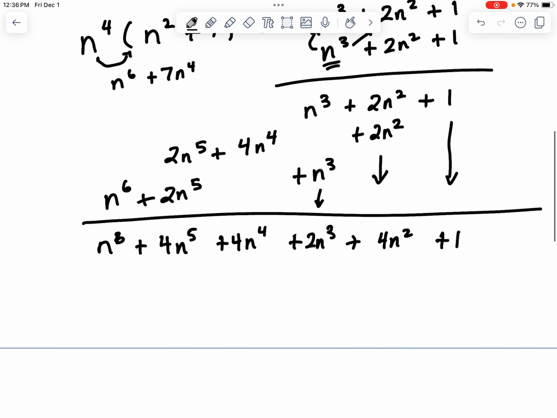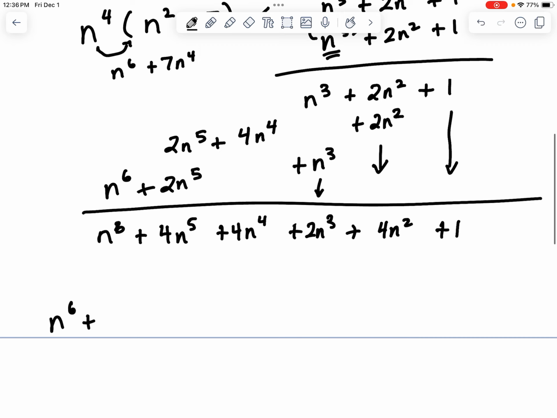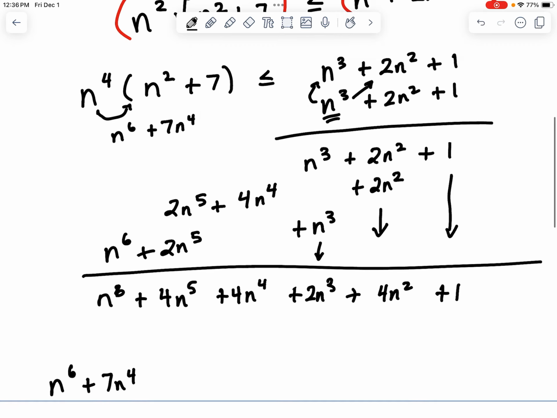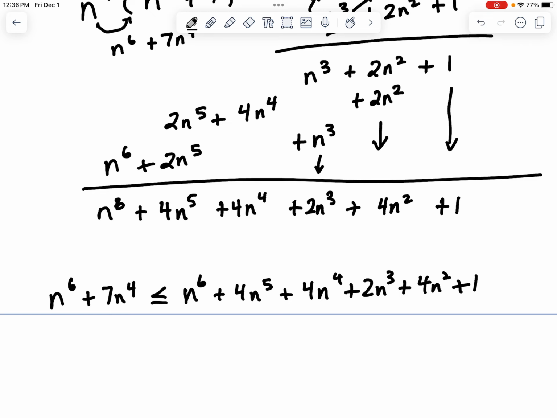And so we're trying to prove, is n to the 6th plus 7n to the 4th, our inequality was less than or equal to the n to the 6th plus 4n to the 5th plus 4n to the 4th plus 2n cubed plus 4n squared plus 1.